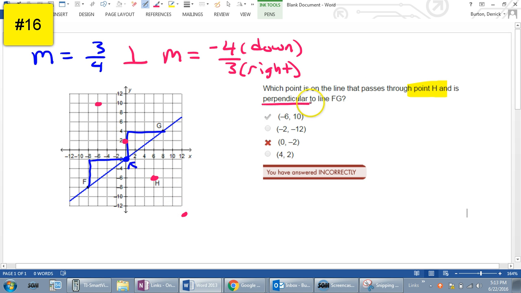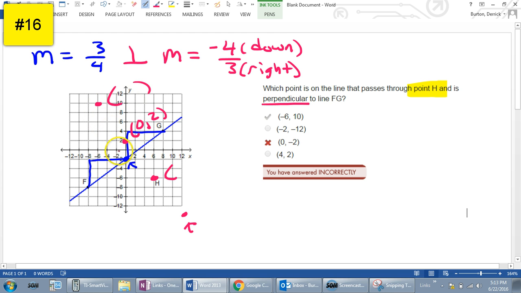So they're asking me which one of these points gets hit, and I'll ignore the ones that are not even on the graph. And it's probably not going to be point H because they gave that to us. So I'm going to start by looking at the other two. This point right here, I've got 0, 2, so that could have been it.